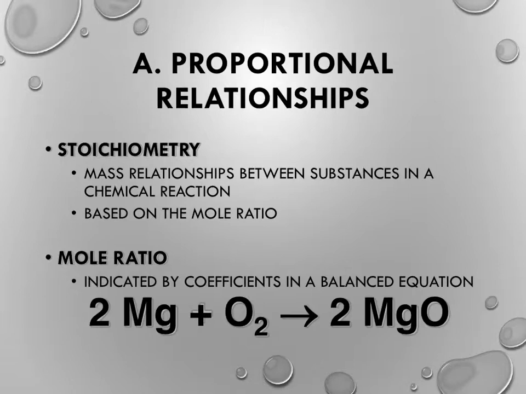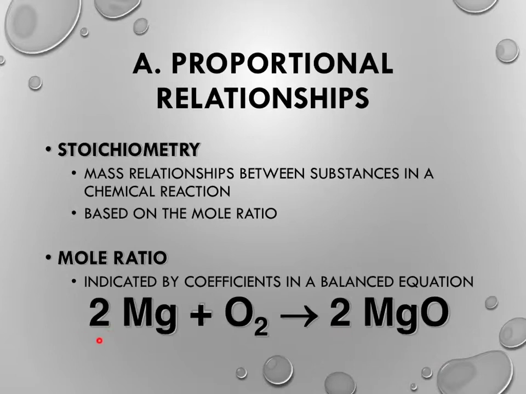Now, the mole ratio is as simple as an understanding of the balanced equation. So when you look at the balanced equation, the coefficients in these balanced equations, so with the 2 in front of the magnesium, the 1 implied in front of the oxygen, and the 2 in front of this magnesium oxide, that is showing the mole ratio.